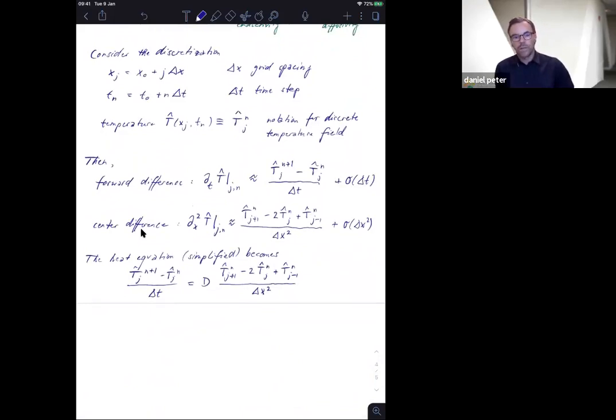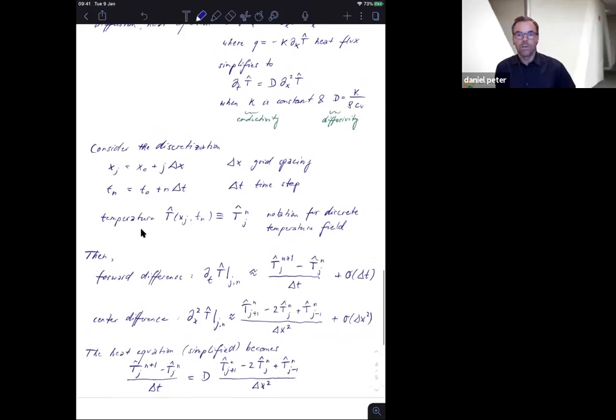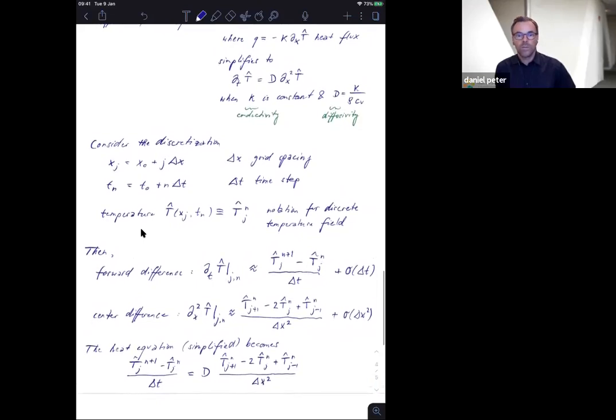And that's the equation that is actually solved now numerically. That's our numerical, if you want, approximation to the true solution. So we solve for the temperature field, the discrete temperature field, T, at every time step n, at every position j.